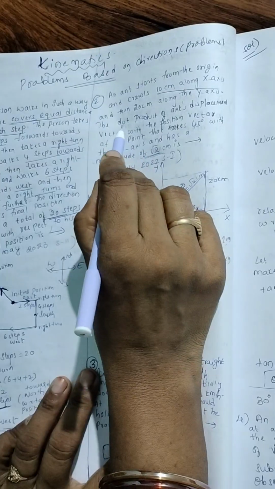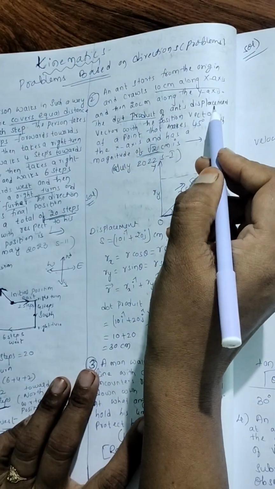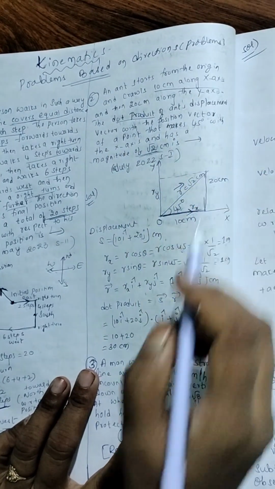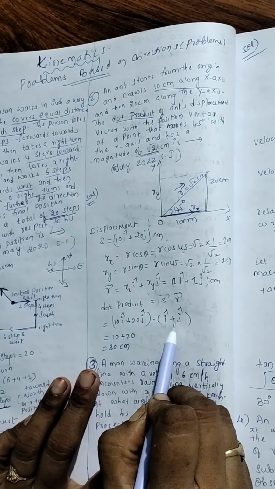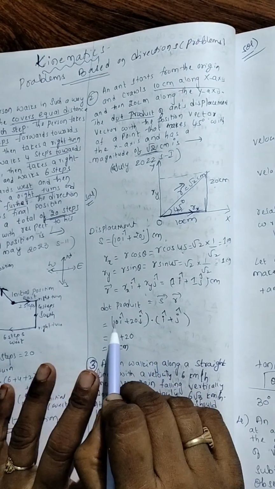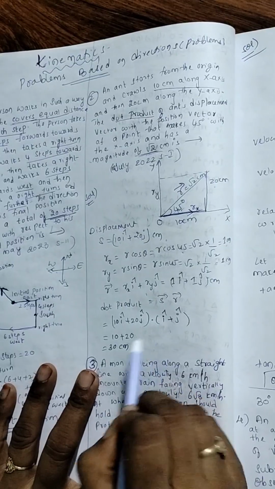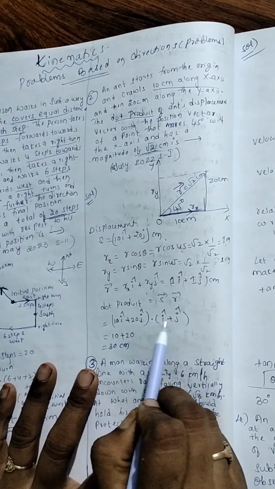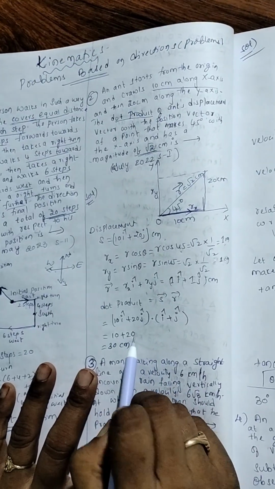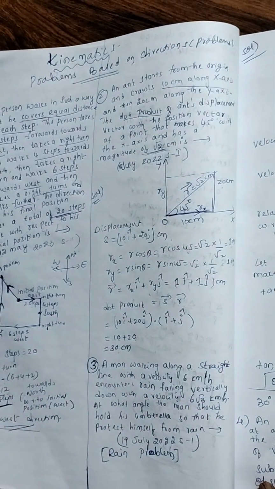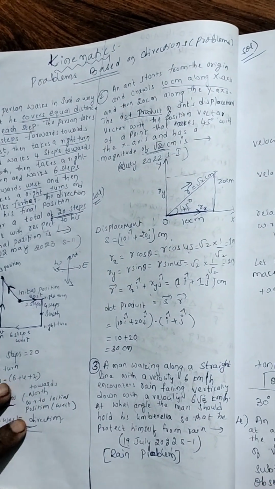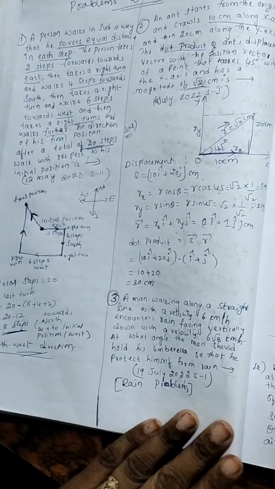Now he is asking to find the dot product of the ant's displacement with the position vector. The displacement vector is 10i plus 20j, and the position vector we got is i plus j. So 10i dot i is 10, plus 20j dot j is 20. 10 plus 20, 30 centimeter is the correct answer. Now let us move on to the next question.